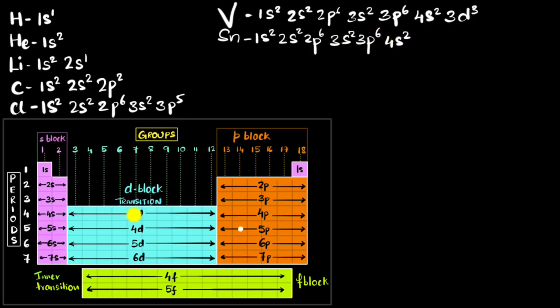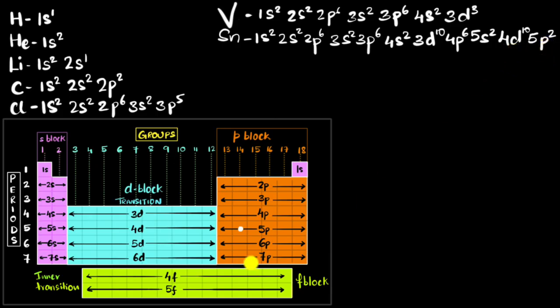Then we have 3d, and 1, 2, 3, 4, 5, 6, 7, 8, 9, 10. So 3d10. Then we have 4p6. Then we go to 5s2. Then we have 4d10. And finally, 5p2. If we add these all up, we should get 50. And if you check that, we'll get 50.